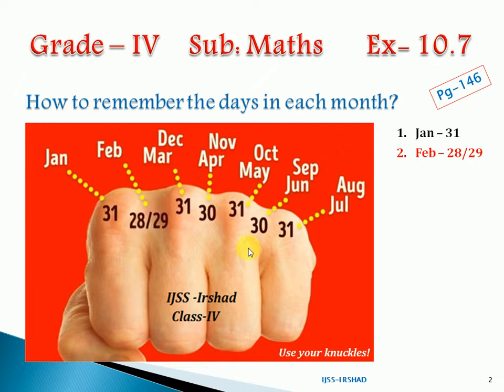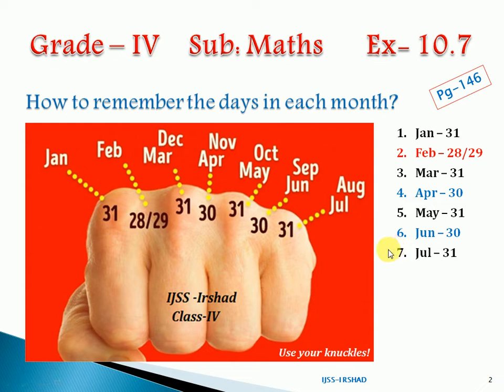And March, you can see here, March is having 31. Then after March, April having 30 days. You can see here on the diagram. And then May, the 5th month, May having 31 days. As you see, it stands on knuckles. Then June having 30 days.